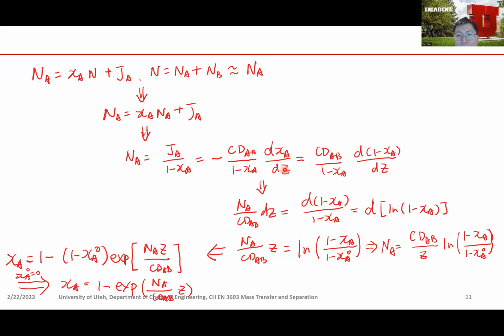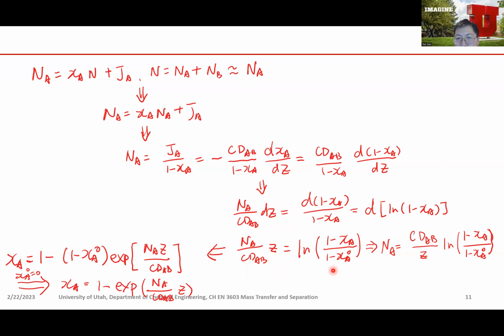And if we can separate variables, we can solve these ordinary differential equations by hand, which is what we do here, right? If you move dz to the left and move dXA and all the terms that are related to XA to the right, then we can integrate and solve this equation to be this.